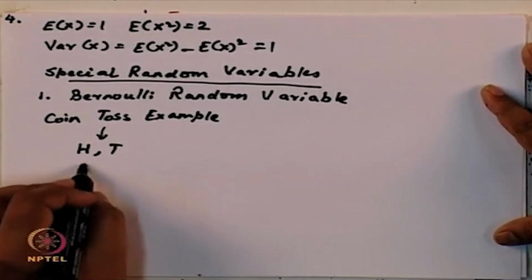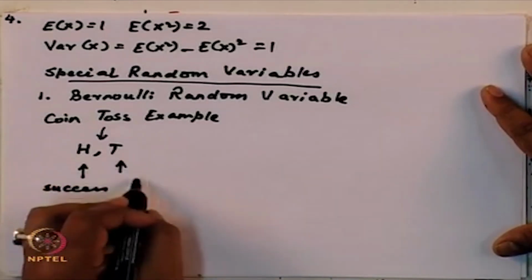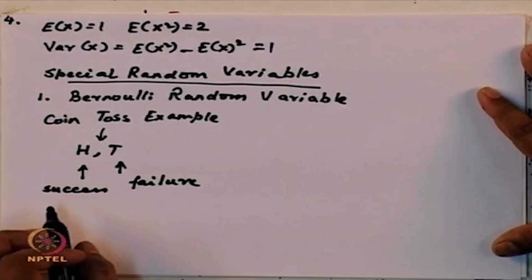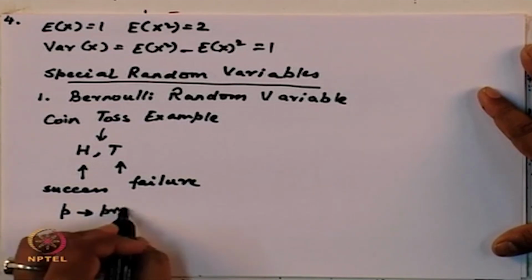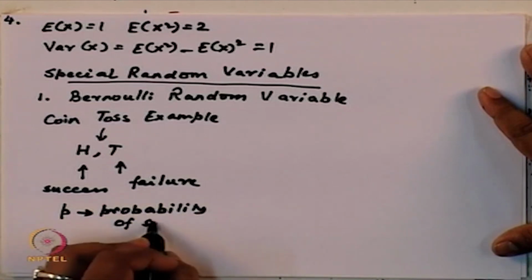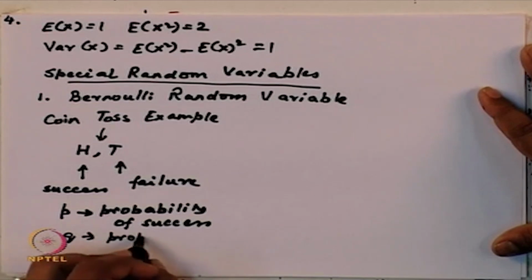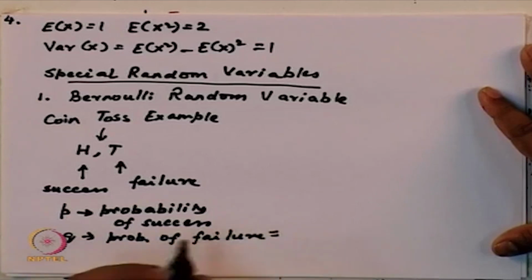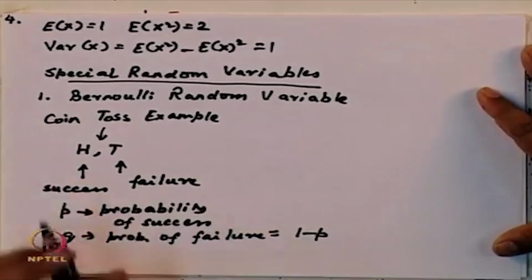You can call your head a success and tail a failure. For an unbiased coin, P is defined as the probability of success, and Q is the probability of failure, which is equal to 1 minus P. So, this is a single trial.